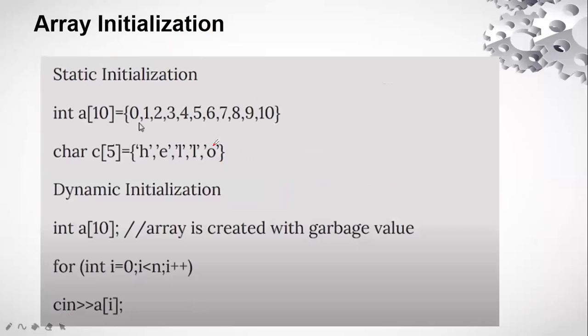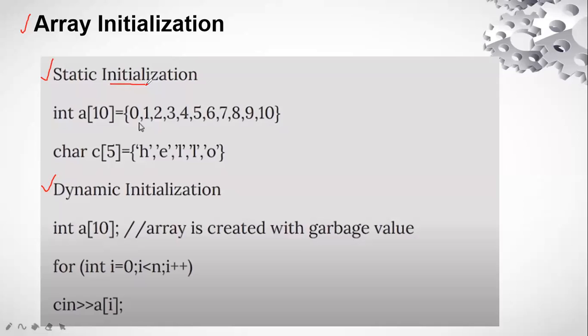Now the next thing: how do we initialize the array? We have two types of initialization, in anything, let it be a variable or an array: one is static initialization and the other is dynamic initialization. What is static initialization?